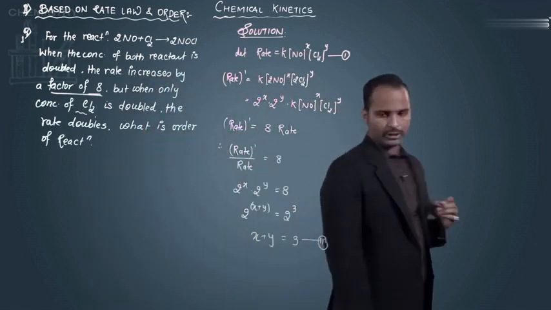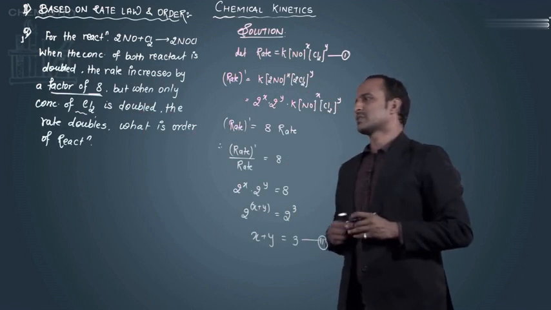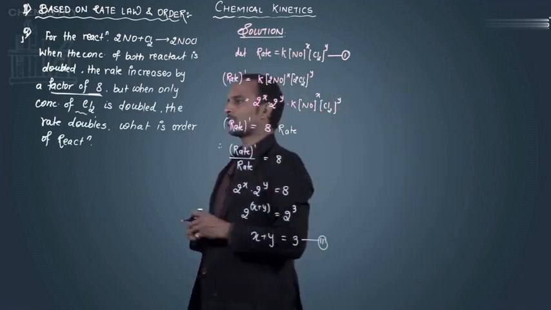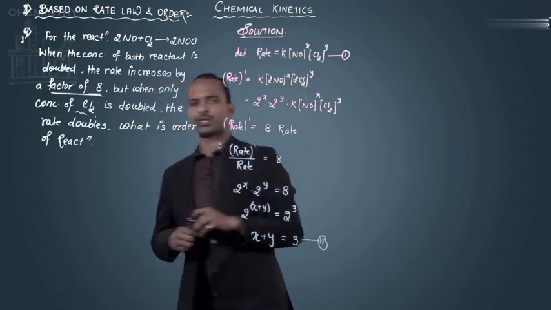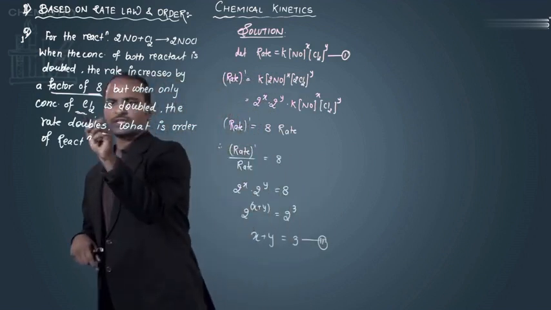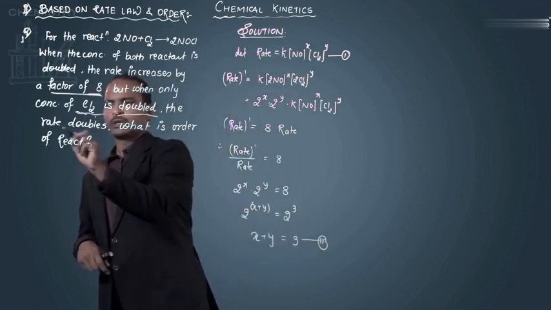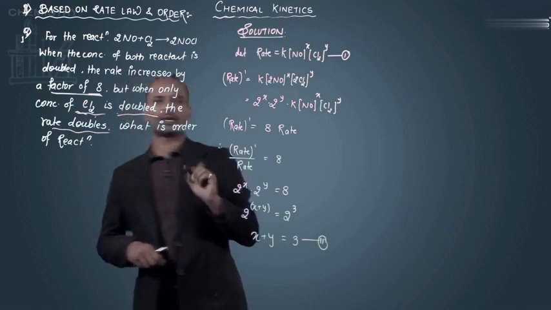Okay. Now we just did the first part, now the second part. When only the concentration of Cl2 is doubled, on doubling the concentration of Cl2, the rate of reaction doubles.